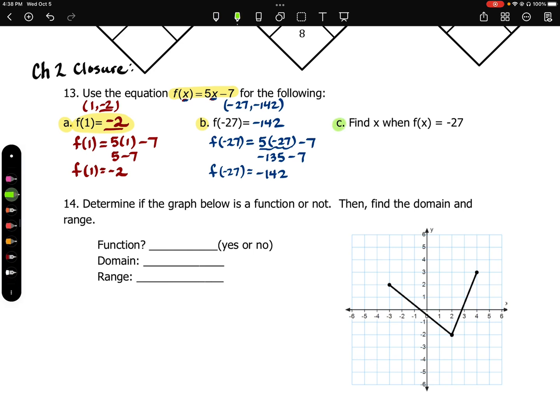Last one is a little different, right? Now they want us to find x when our output is negative 27. So this is different than B. When we think about the point, we don't know what the x is. The x is missing, but we know that the output is negative 27.